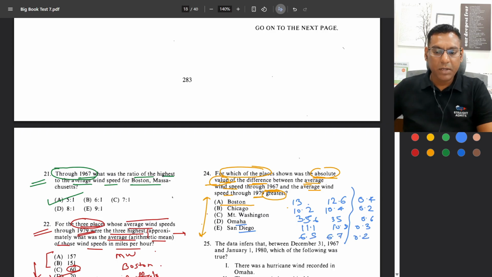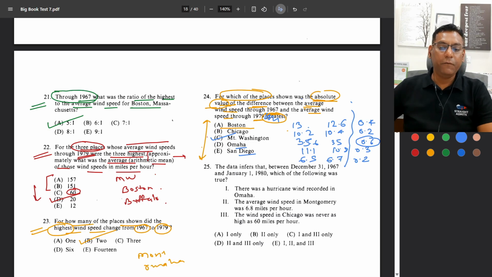All right, what do I need? The difference to be greatest, which is here for Mount Washington. It's a straightforward question, but the language can be tricky.